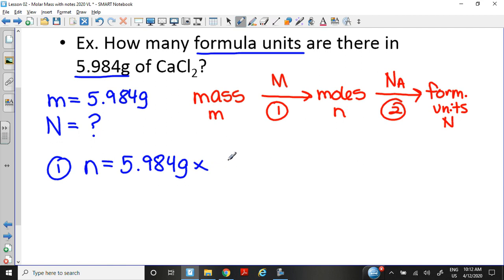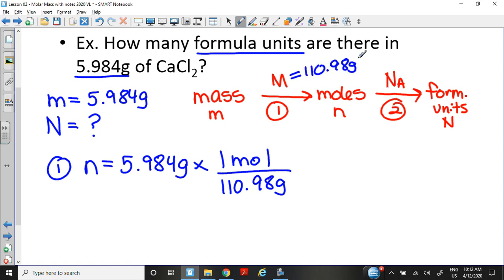If you calculated your molar mass, you should find for 1 mole, you should get a mass of 110.98 grams. That's the molar mass for calcium chloride. I'm going to put that up here just for reference. So you can calculate that one.